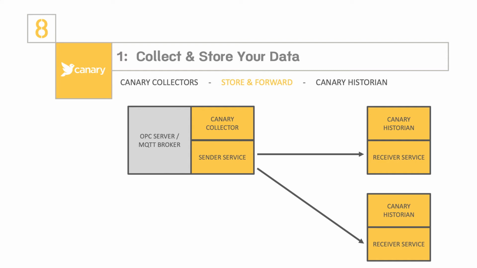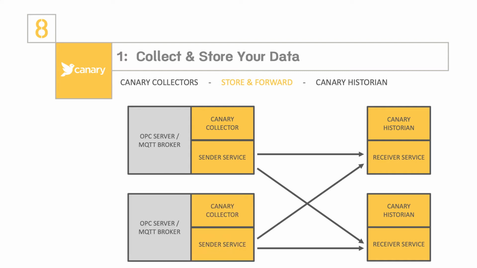Now, from a redundancy perspective, we can even extend this architecture more by putting down another Canary logger, and that Canary logger or collector can go and connect to another OPC server, and the sender service will be able to push to the same receiver as your previous one, and might even be the same tags, right? So you can build in a redundant sender service solution.